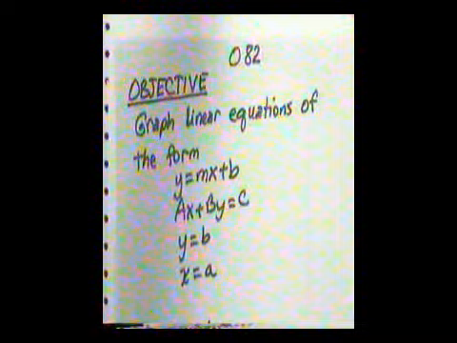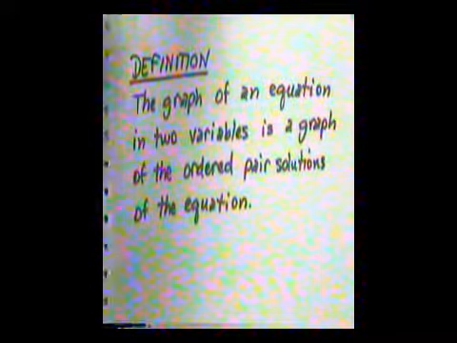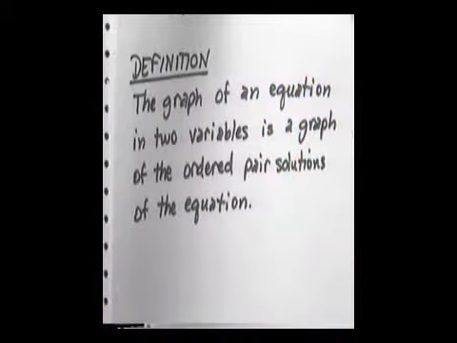Let's begin with a definition. The graph of an equation in 2 variables is a graph of the ordered pair solutions of the equation.